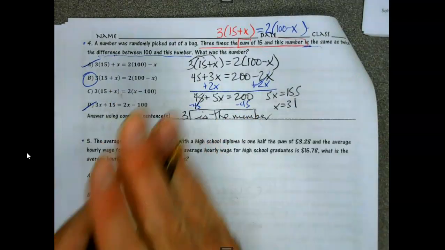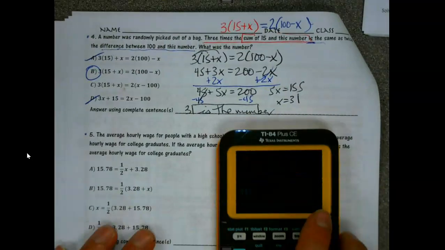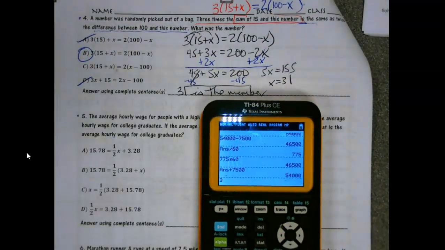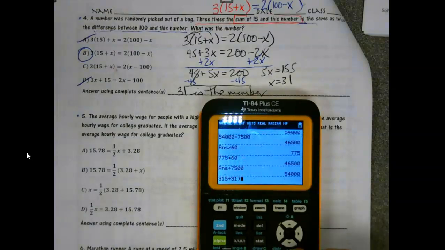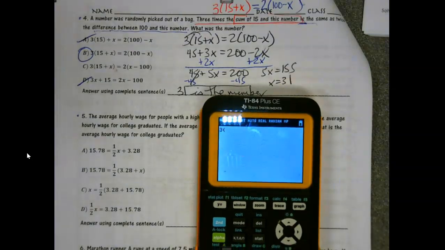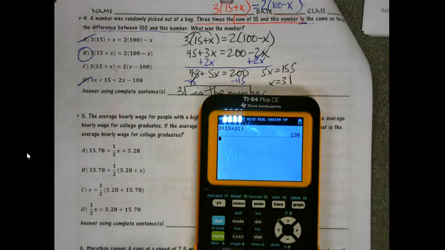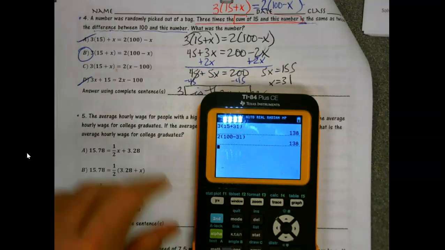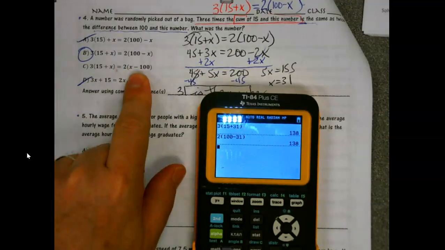So now, if I did this right, I should be able to plug 31 into each side of this, if I type it in right, and I get the same answer. So let's say I would have tried this one instead.